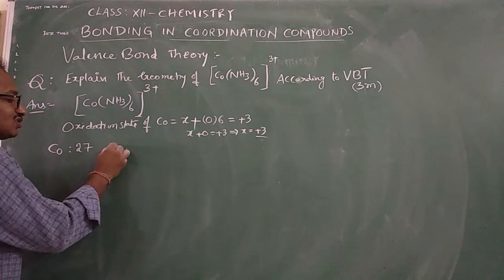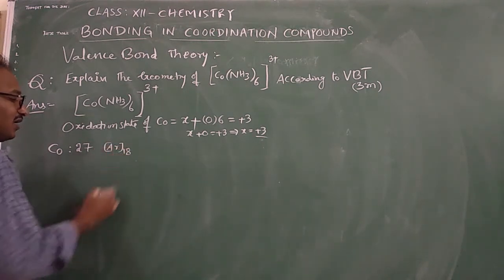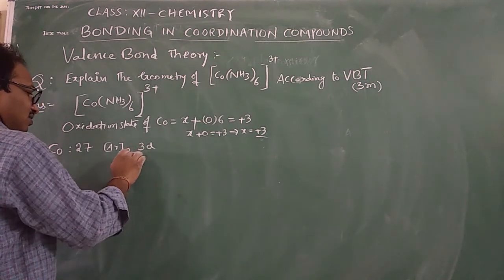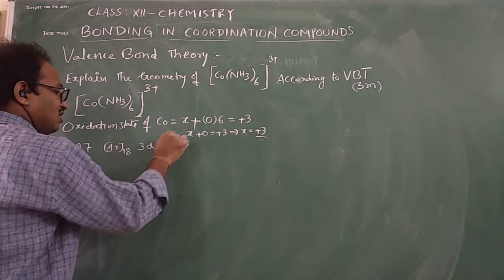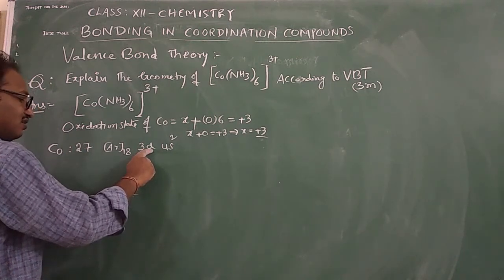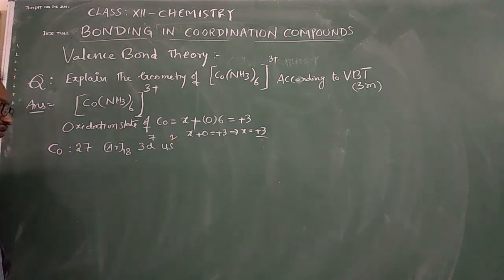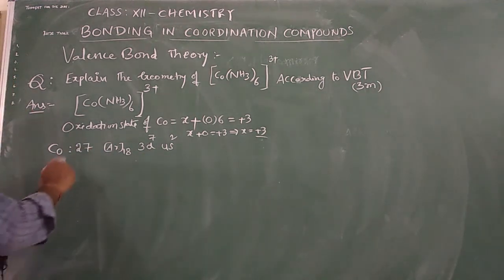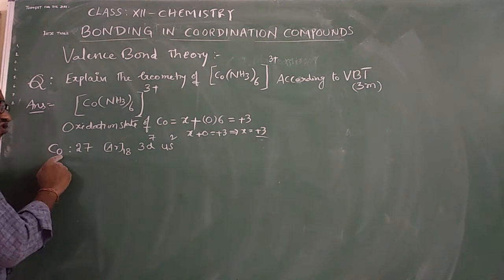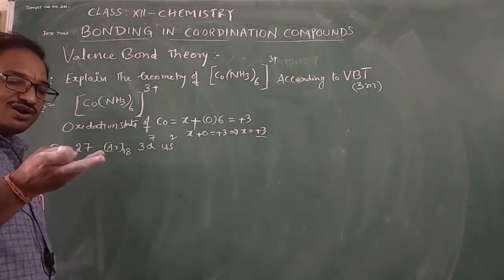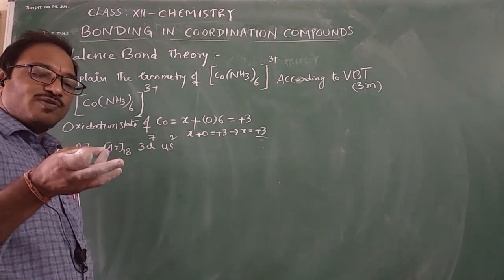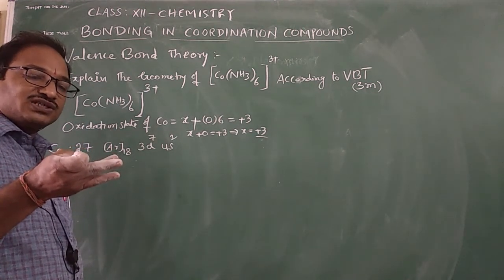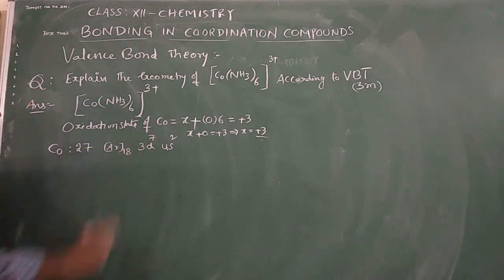Write the electronic configuration: argon 18, 3d7 4s2. This is the electronic configuration of cobalt.